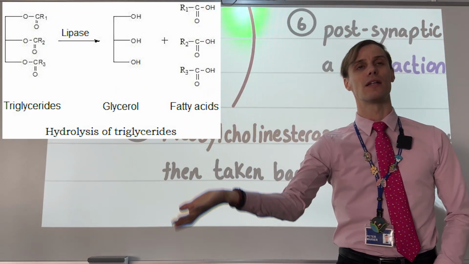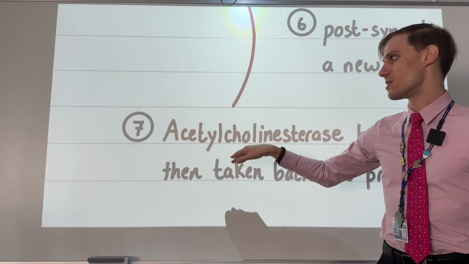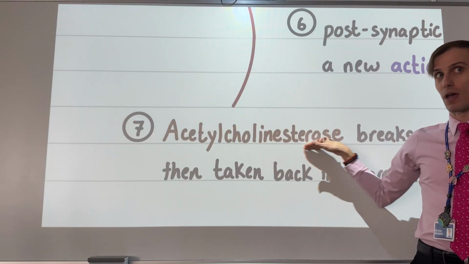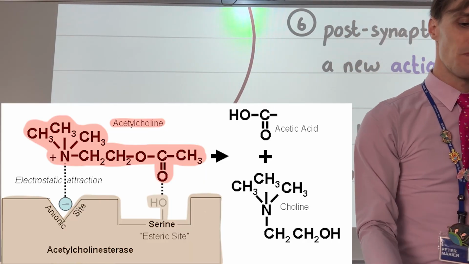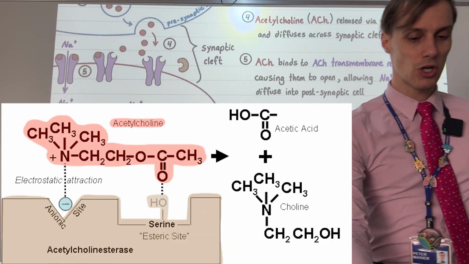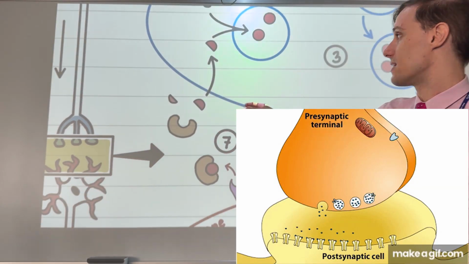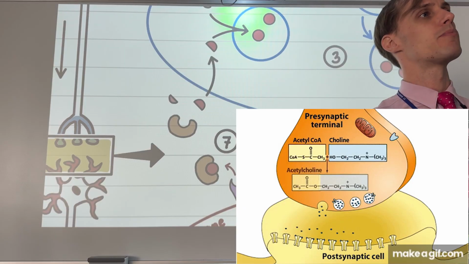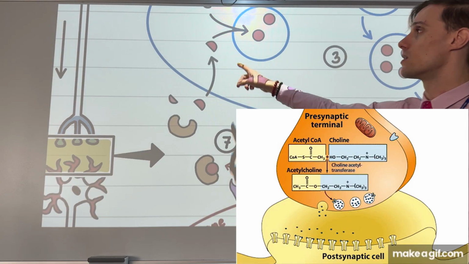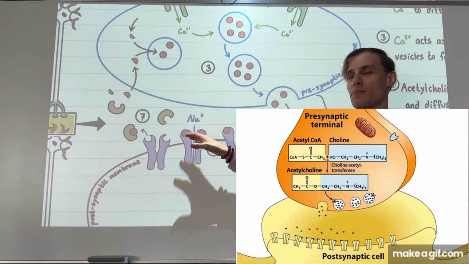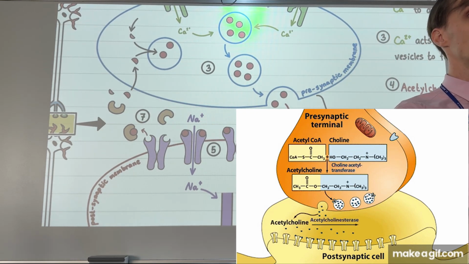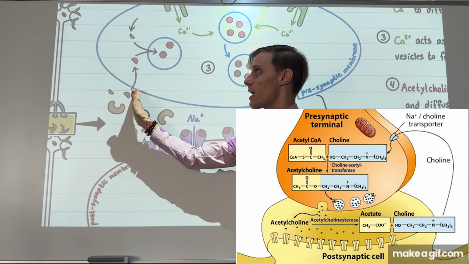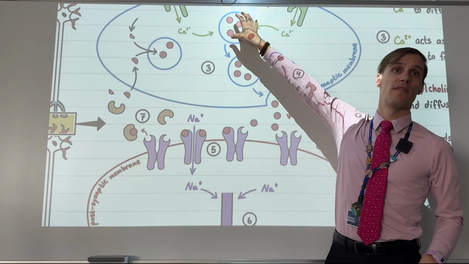Lipase worked on lipids. This is acetylcholinesterase. It is breaking down acetylcholine into choline, and that gets recycled back into the presynaptic cell to be used again. So these neurotransmitters aren't just broken down and deleted, right? We want to recycle them. So this then gets recycled back and then stored in a vesicle again.